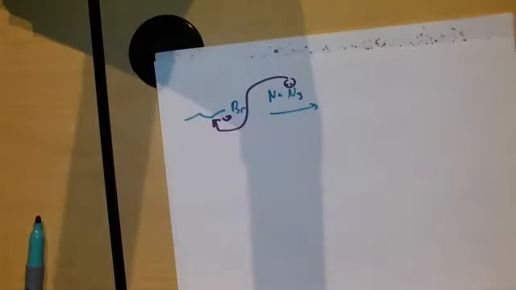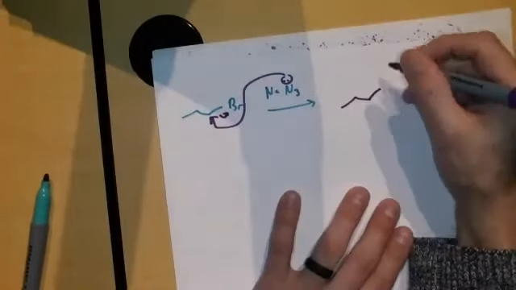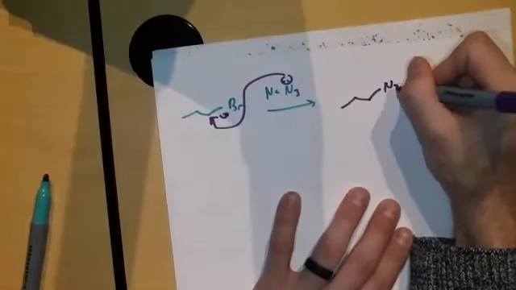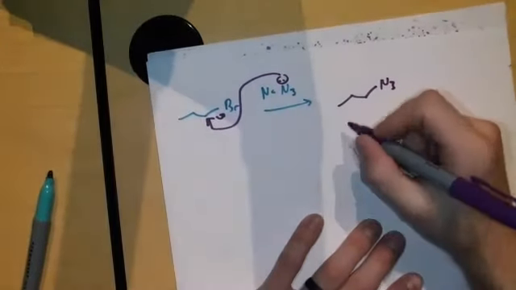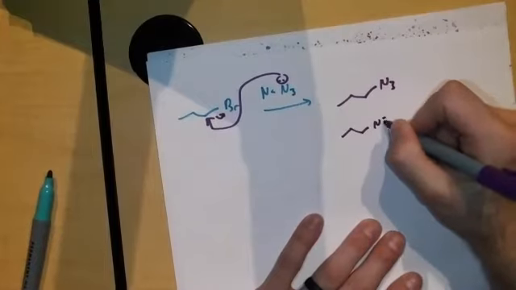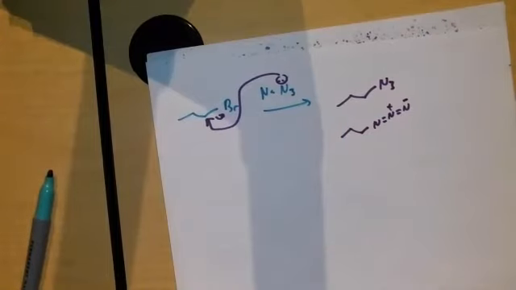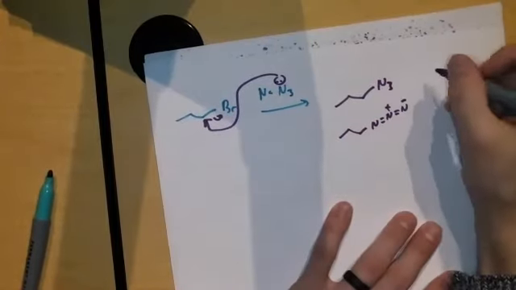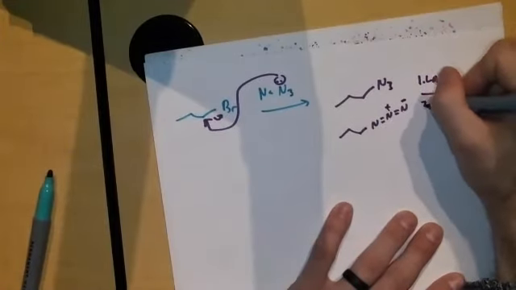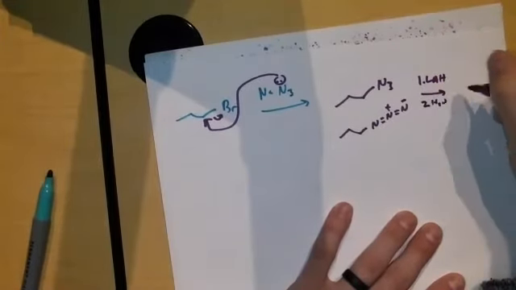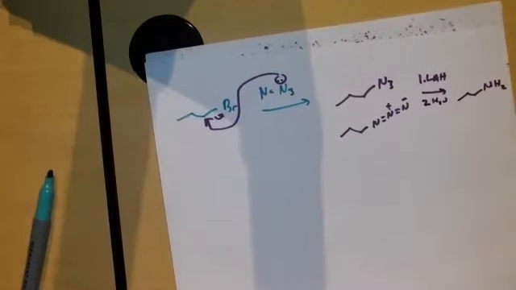I'll go through the mechanism in a minute. Well, that part of the mechanism is very simple, but we'll generate this azide, which looks like this, and then throwing in LAH can give us our amine here.